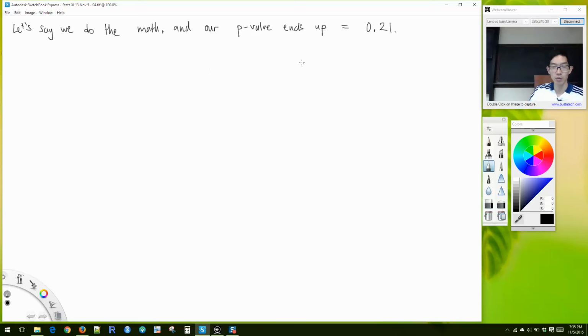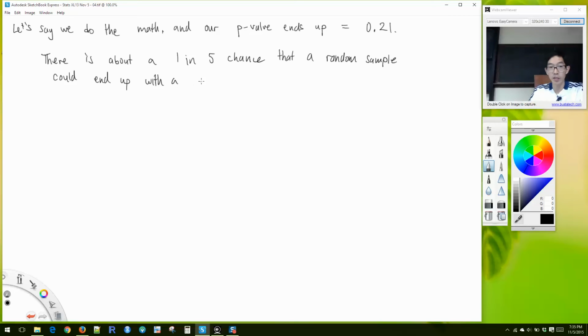So what this means is that there is about a 1 in 5 chance that a random sample could end up with a sample mean, a y bar, of 103 or something more extreme.